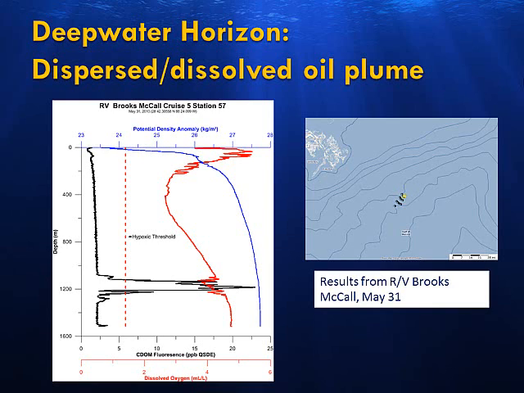dissolved oxygen concentration as you move down from the surface to 1,300, 1,400, 1,500 meters. The inference you can take from this is that microbes are starting to eat the oil in that subsurface plume, using up oxygen as they consume those oil droplets and the dissolved components, so it's causing a decrease in the oxygen concentration.